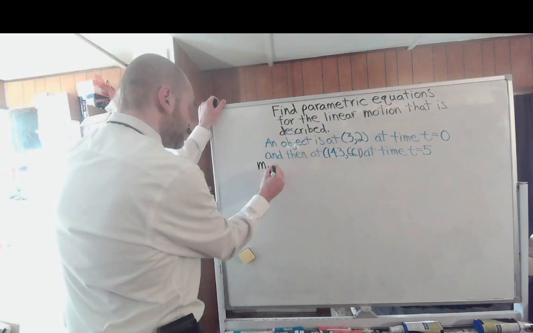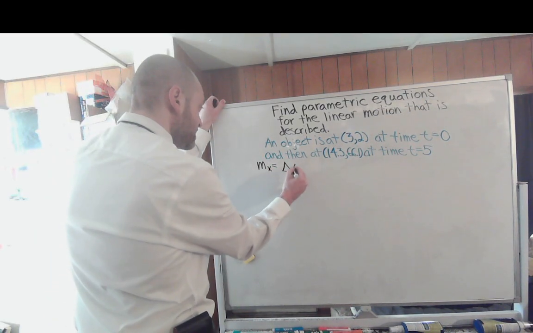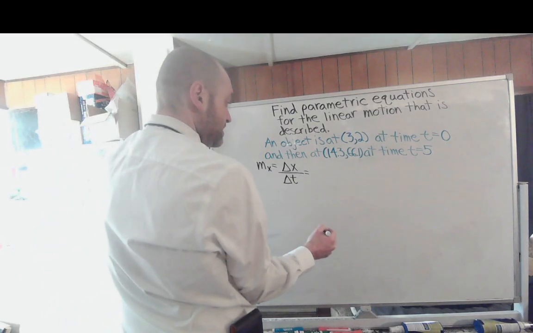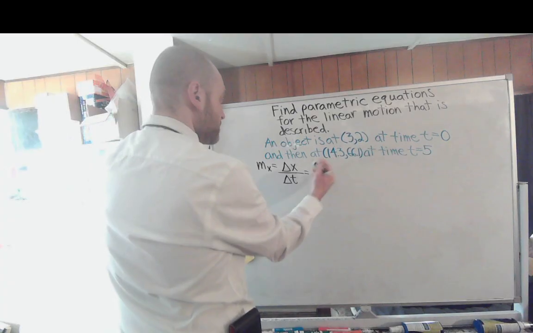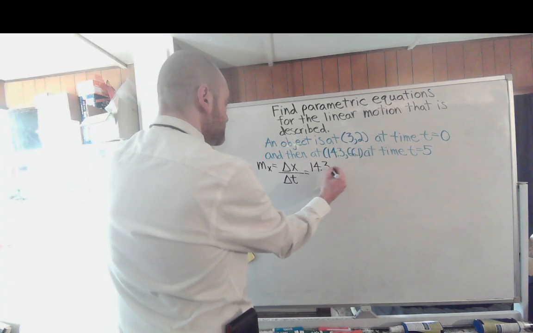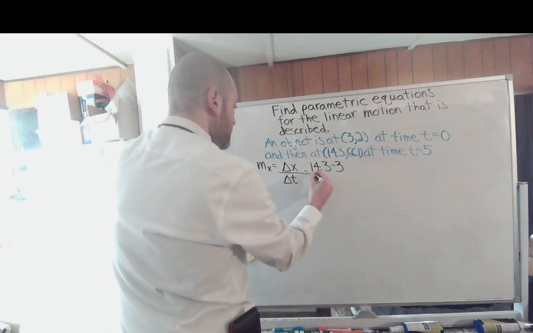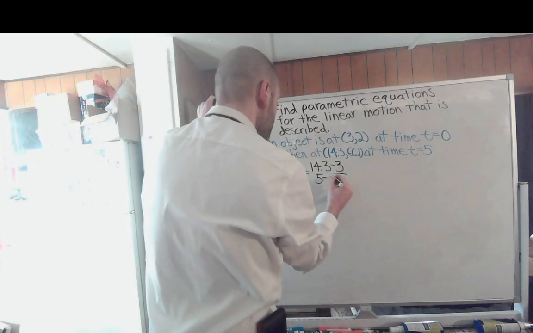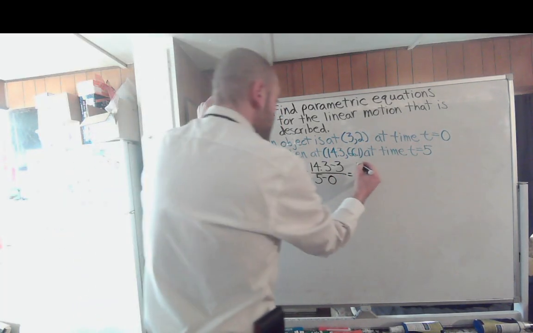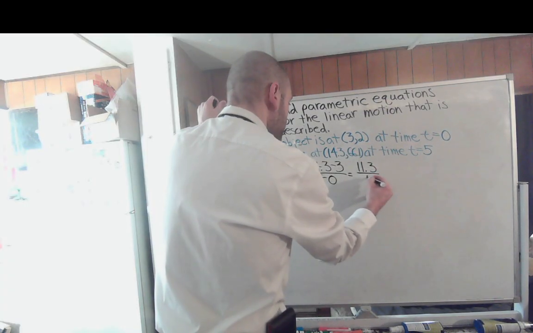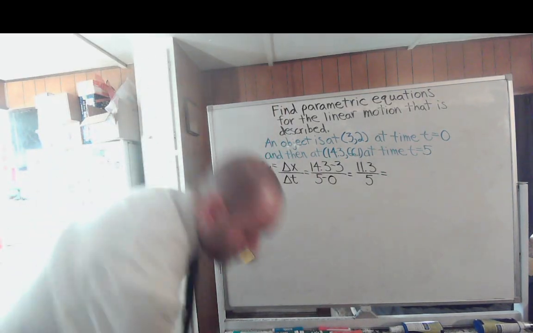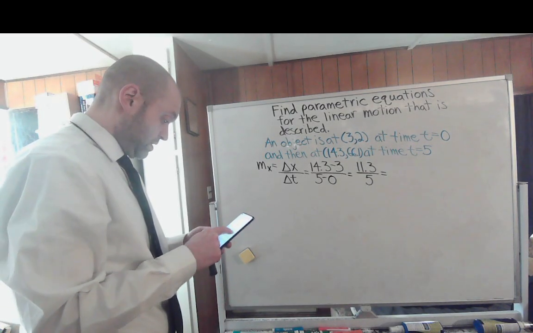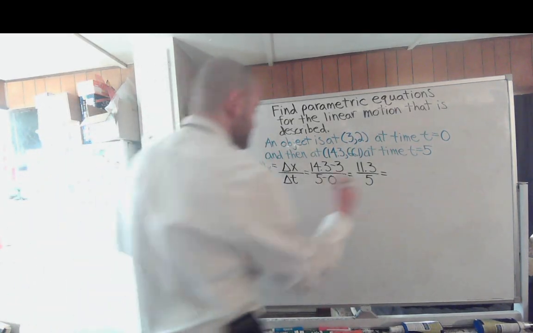So m sub x is going to equal my change in x over my change in t, which in this case is my second x coordinate, 14.3, minus my first x coordinate, which is 3, all over my second t coordinate, which is 5, minus my first t coordinate, which is 0, which would give me 11.3 over 5, which simplifies to 2.26.